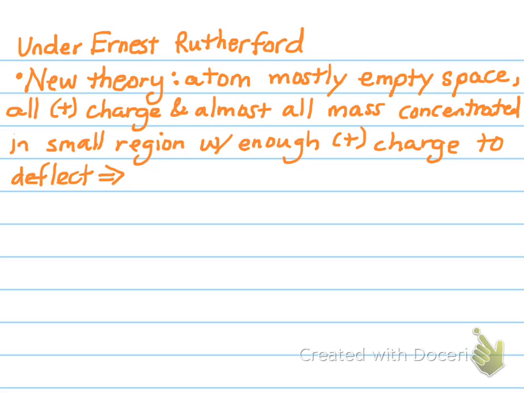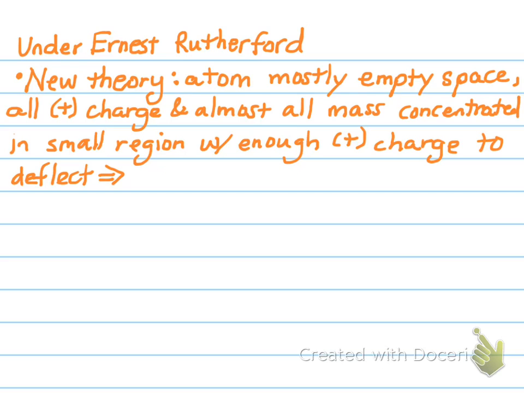Because most of the alpha particles went straight through, he knew that the atom was mostly empty space. But because those alpha particles had a positive charge, he knew that all of the positive charge and almost all of the mass in the atom was concentrated in a small region.